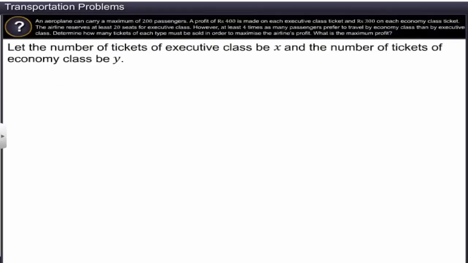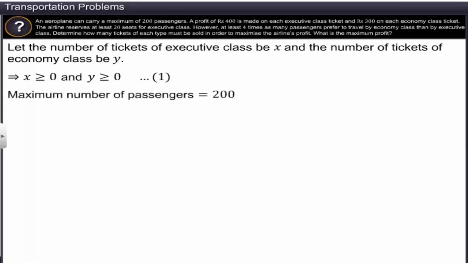Let the number of tickets of executive class and economy class be x and y respectively. Hence, x and y are greater than or equal to 0. The maximum number of passengers in the plane is 200. Hence, x plus y is less than or equal to 200.